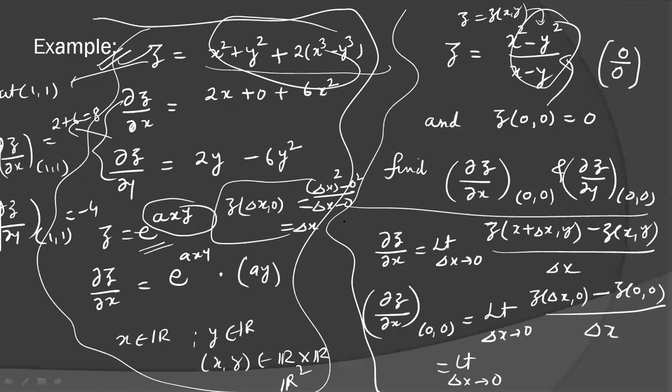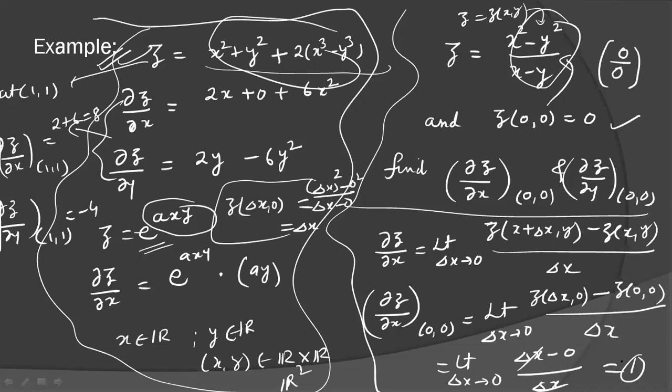So it will be delta x only. So it will be delta x minus 0, z(0, 0) is given as 0, upon delta x, so it will become 1. So the partial derivative of z with respect to x at 0, 0 will be 1. Similarly, you can find the partial derivative of z with respect to y also using this definition approach. So we apply the definition when at the given point the function is in the indeterminate form.